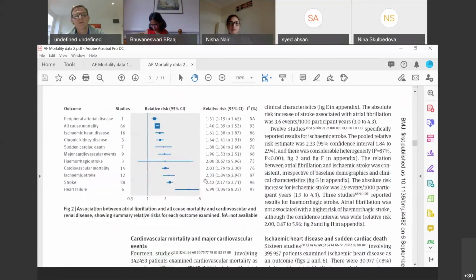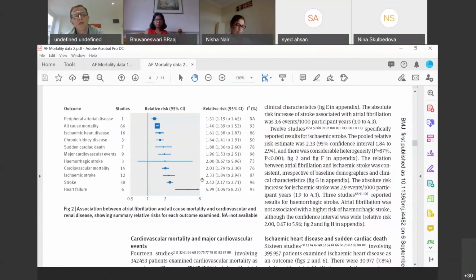And this graph has already been shown, but just to hone in on the detail here, if we look again, all-cause mortality, we see 1.46, the relative risk is 1.46, anything over 1 has an association with mortality, so we see there is a 46% mortality associated with the development of AF, confirmed in global studies in a systematic approach as well. We see it's not just from one particular study, we see it's from 66 studies confirm this data as well.